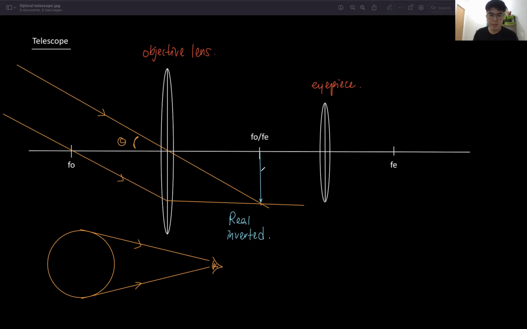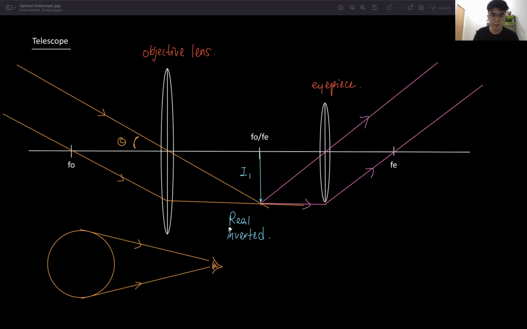And then this image I1 again acts as the object for the second lens. So we continue here. We can't really reach the lens, but I'll just assume that we stretch the lens a bit, like this, and then we have the center. Parallel, focus, center.